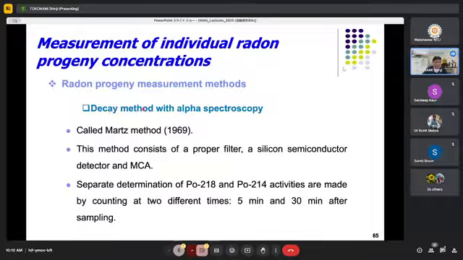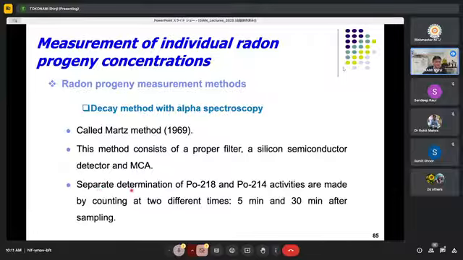Decay method with alpha spectroscopy. This technique is called the Martz method, developed in 1969. This method consists of a proper filter, a silicon semiconductor detector, and MCA.